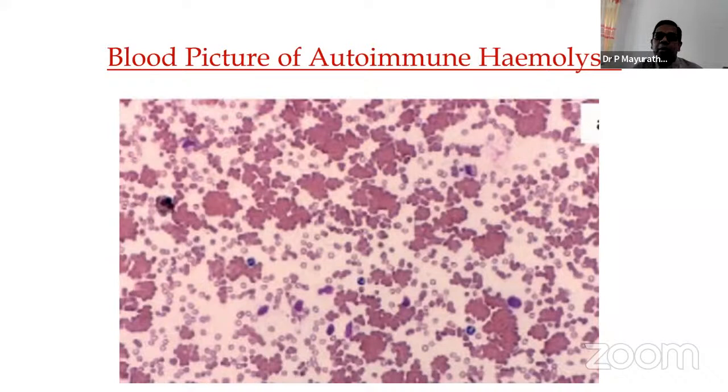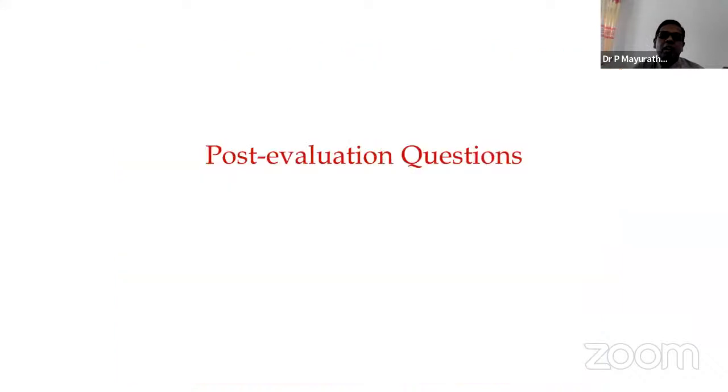Sometimes you may have come across this problem: in a blood picture, they might miss the hemolysis because the temperature changes may alter the blood picture findings. But it is not a big deal for the hematologists. They will do it, and it is easy to say there is evidence of hemolysis. I think that's all, because anemia is a very big topic.